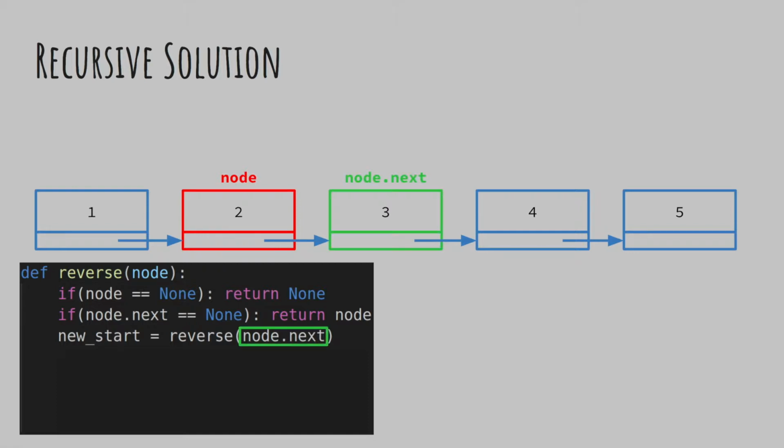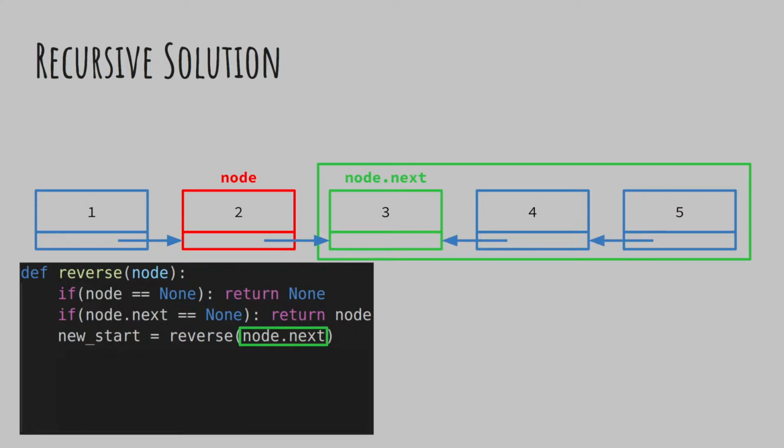So node.next is the node with value 3, and we will reverse this whole part. When the function returns, we will have reversed that linked list, and it will return the new starting point. So it will return the node with value 5 as new starting point.